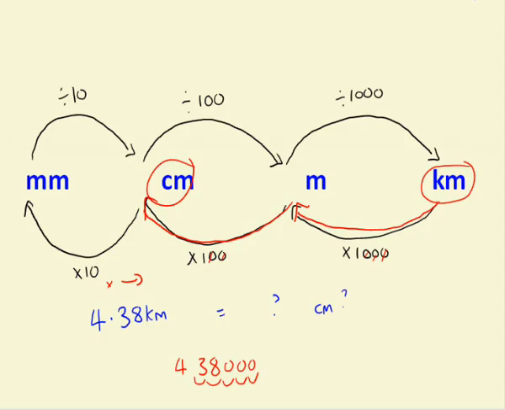Now, what I really recommend with this, you really should know how to convert between this. This is one of these fundamental things with maths that you really should be able to do. However, what I'd recommend is if you're stuck doing it, the bottom line, the most basic things you should know is that there are 10 millimetres in 1 centimetre, that there are 100 centimetres in 1 metre, that there are 1,000 metres in 1 kilometre.